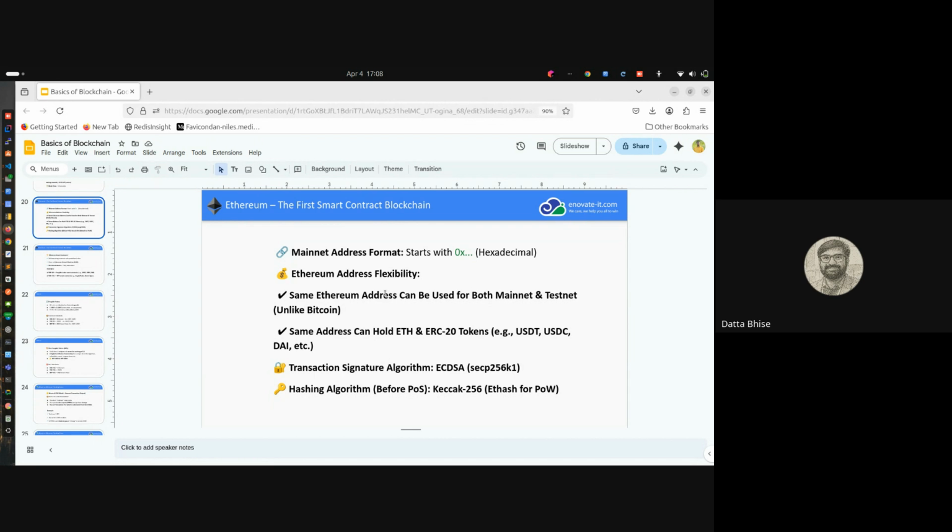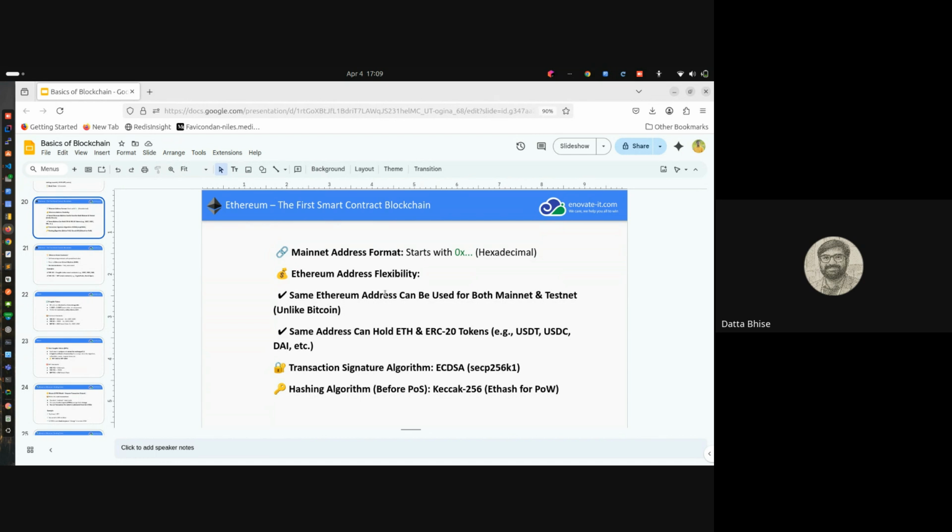Is it possible for two private networks to have the same address? Yes, possible. Two blockchains here mean Binance and Ethereum. Binance is also inspired by, or we can say copied from, Ethereum. Tron is also inspired or copied from Ethereum. So they follow the same address format, 0x.